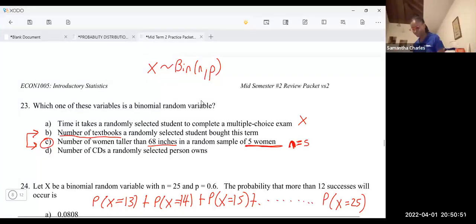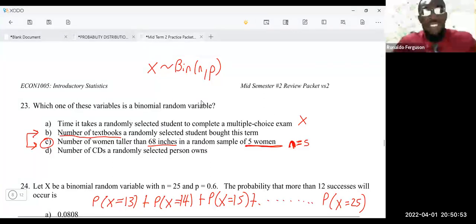Once it's finite, the best option would be C. So notice we underline B. Of course, it could have been between those two, but number of textbooks a randomly selected student bought this term is just vague, not enough information yet.